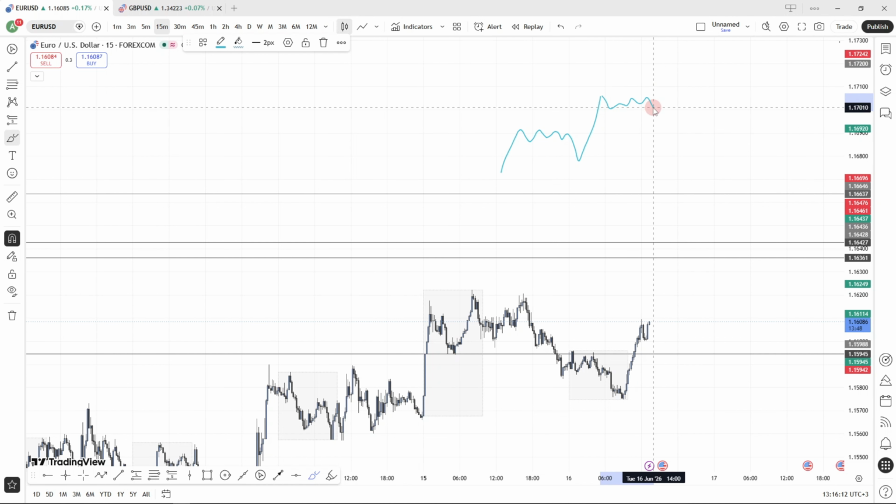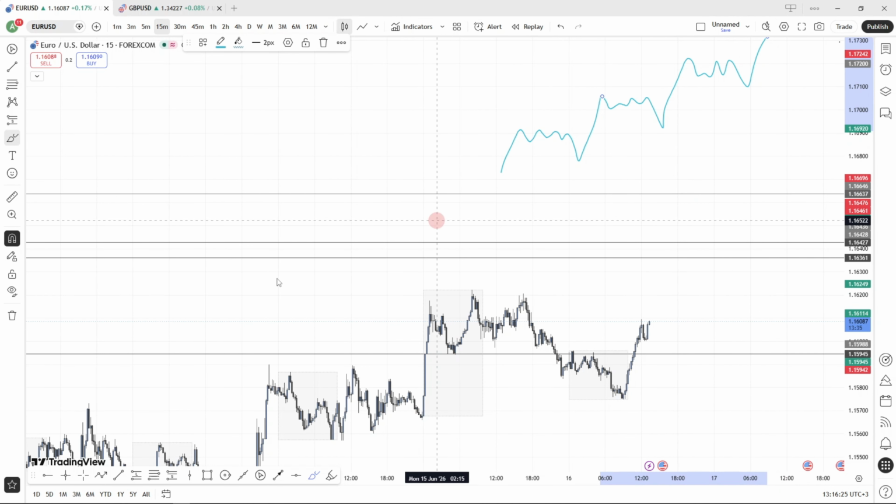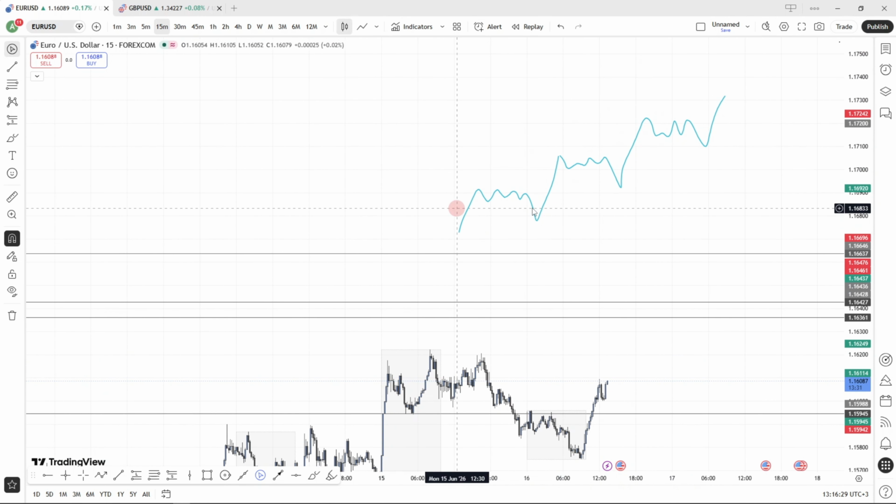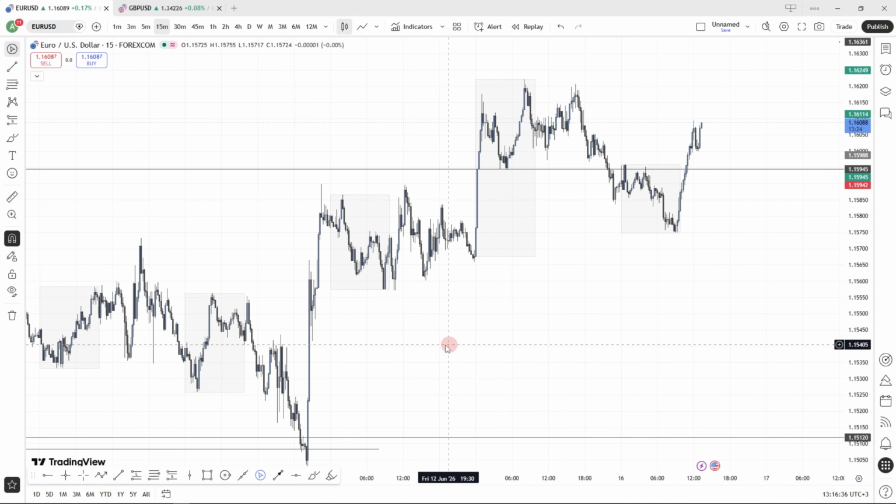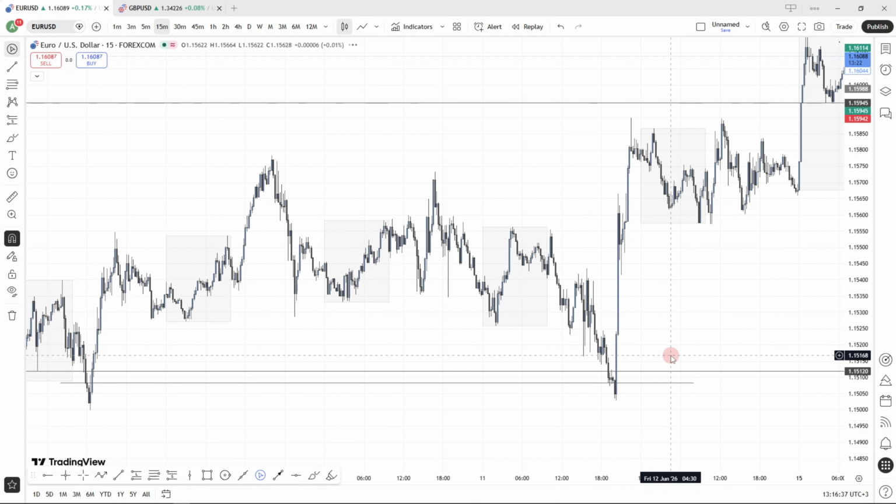Same thing another day: Asian, we are anticipating an accumulation, and then manipulation, and then distribution. So this is the kind of structure we are anticipating for this type of movement. That is basically how you're going to trade. Once you determine your direction, just wait for this accumulation, manipulation, distribution, and you can see it is well depicted in these charts.